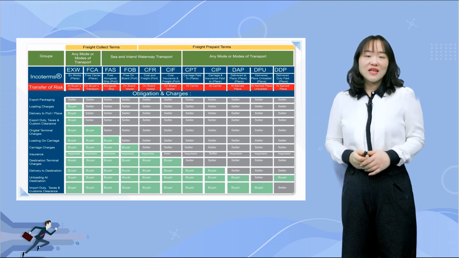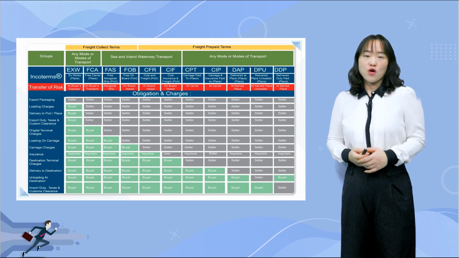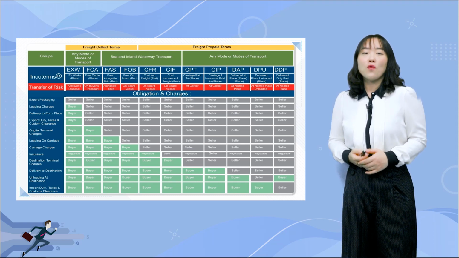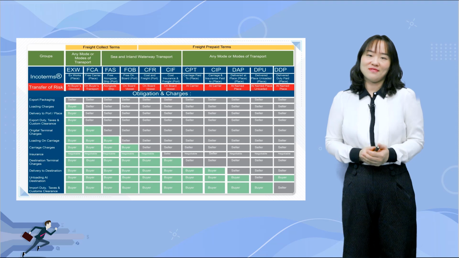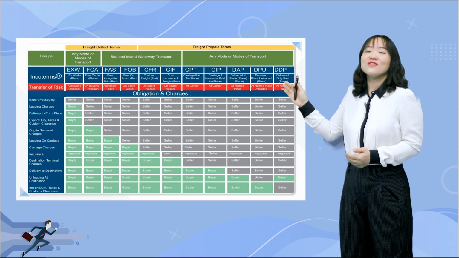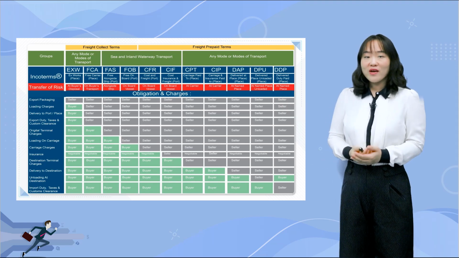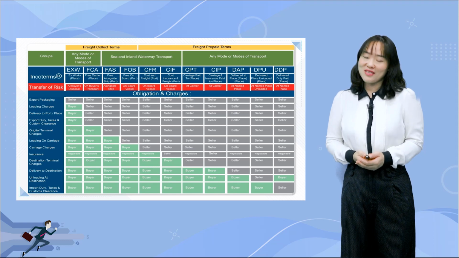Based on the first letter of each term and classified according to the fees, risk, responsibility for formalities, as well as issues related to import and export. With this classification, you will be more aware of the Incoterms 2020.